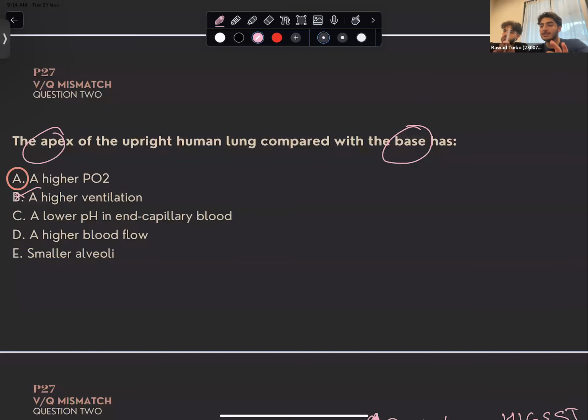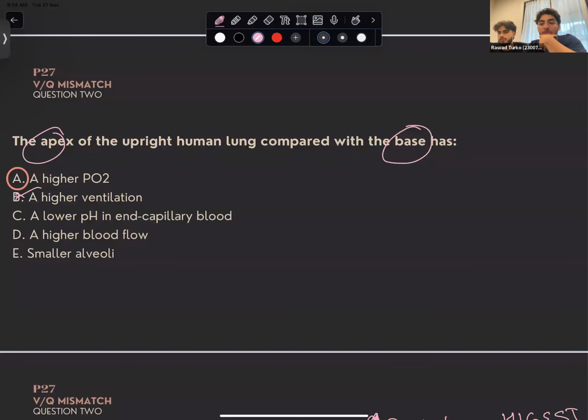Again, in this lecture, we're really zooming in on the lung. In other lectures, you wouldn't see us talking about how the base has higher perfusion than the apex, for example. You wouldn't see us talking about that because we're talking about overall systemic changes, like hypercapnia all over, hypoxia all over, right? Here we're talking about more PO2 just from the apex, not all over.